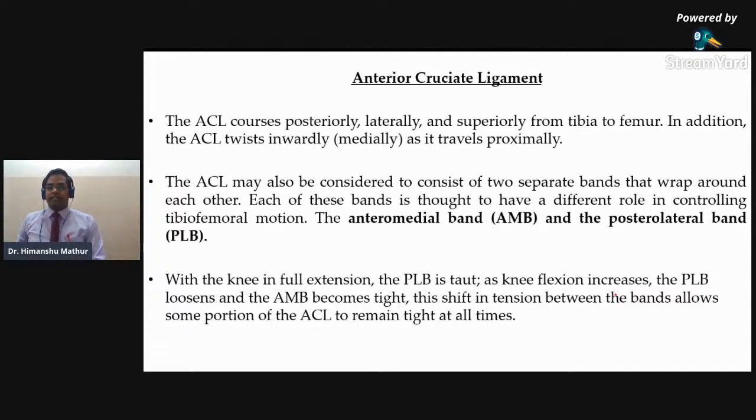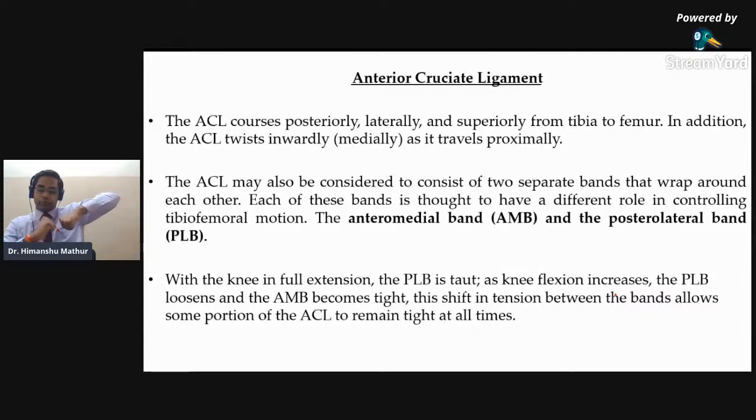Each of these bands is thought to have a different role in controlling the tibiofemoral motion. That's what I told you. The anteromedial band and the posterolateral band. Okay. Now with the knee in full extension, the posterolateral band is taut. It means whenever the tibia moves anteriorly, that's what I told you.